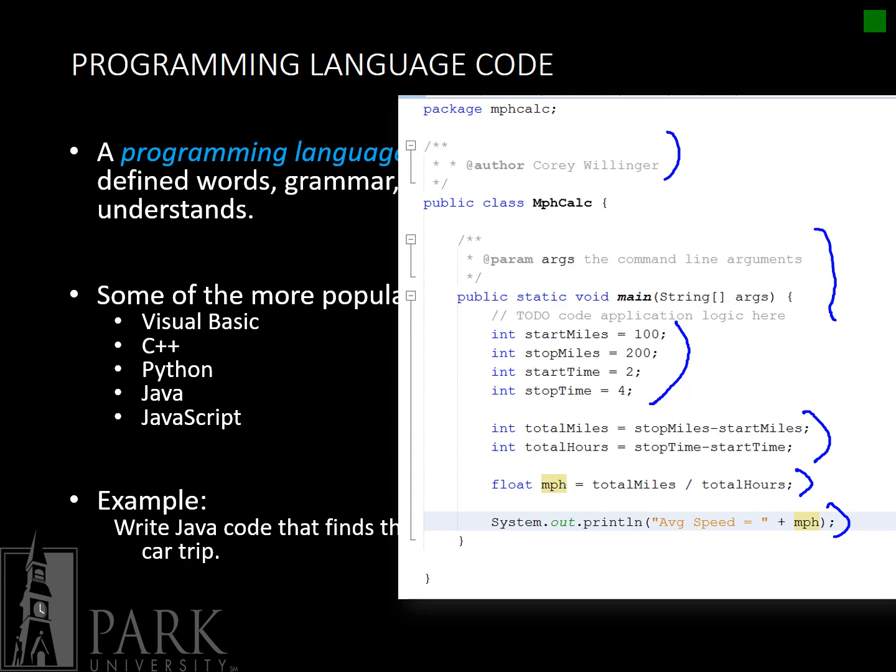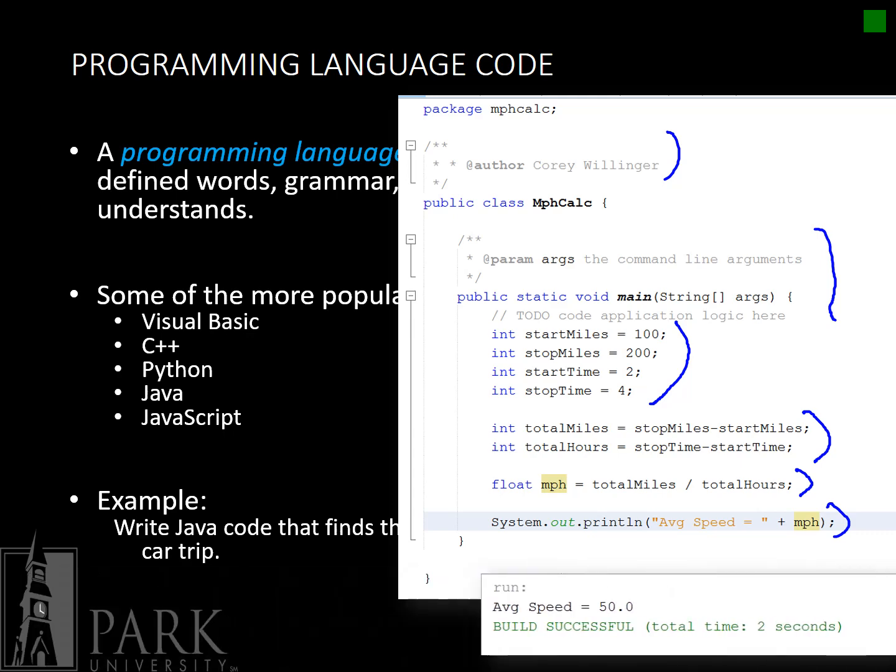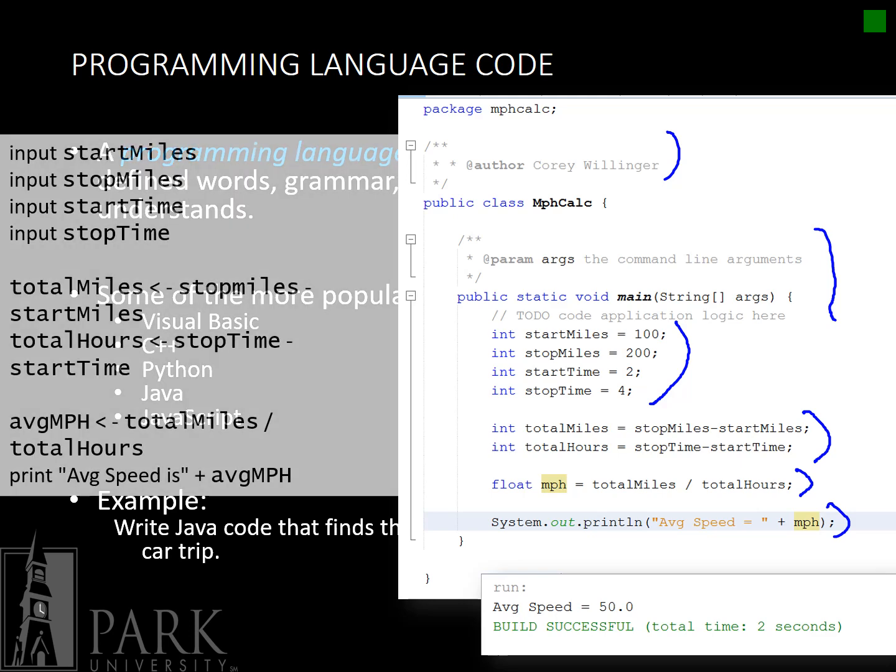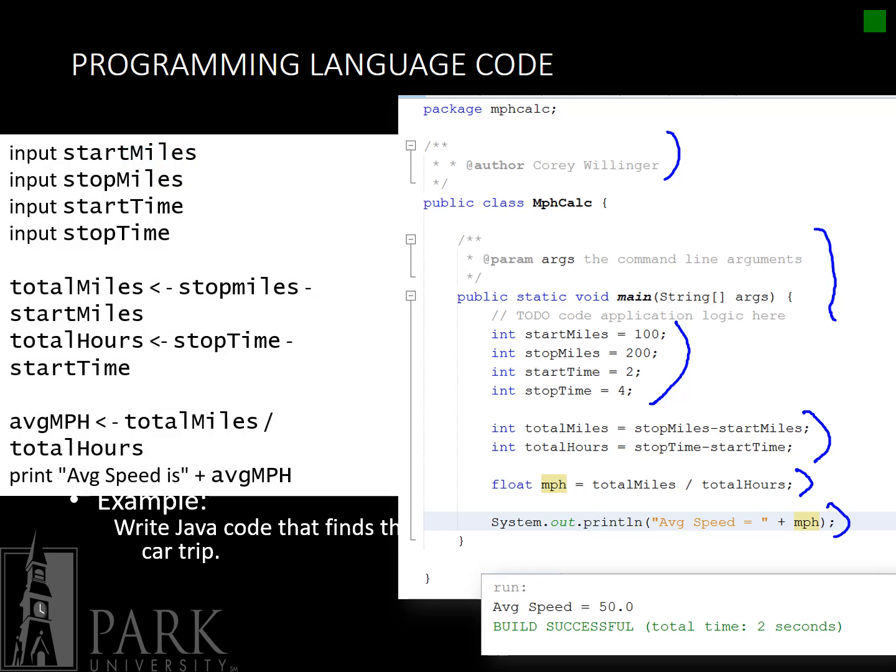So this is a programming language, and if we were to execute it, that's what our answer would be. So again, comparing the two things, we have our programming language over here versus our algorithm over here. And you can see how similar they are.